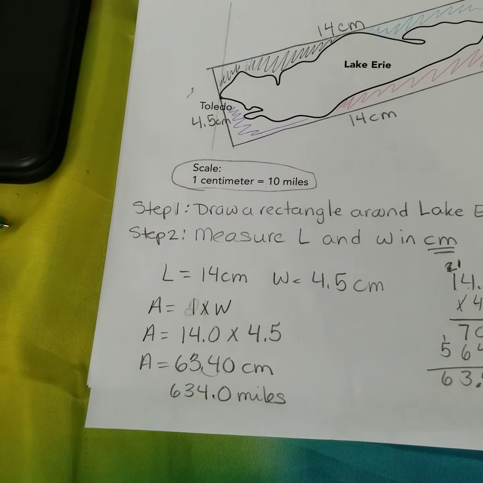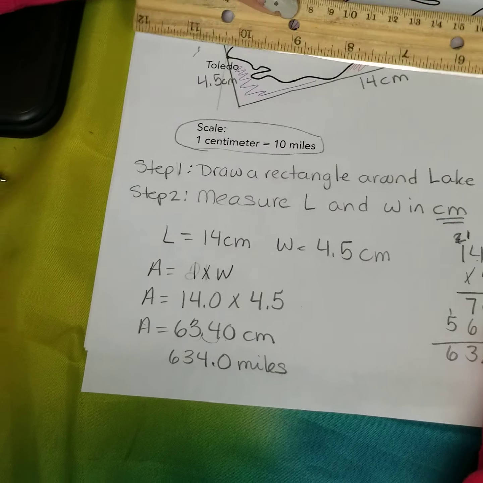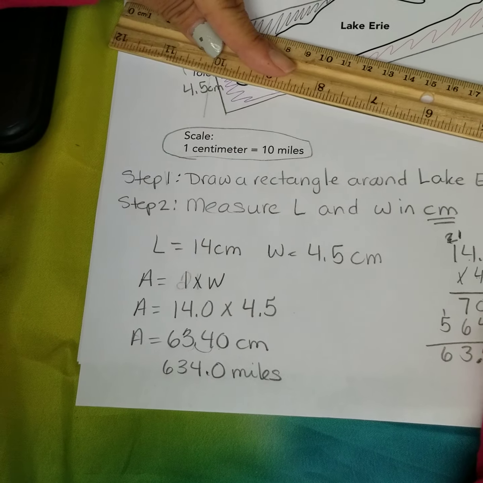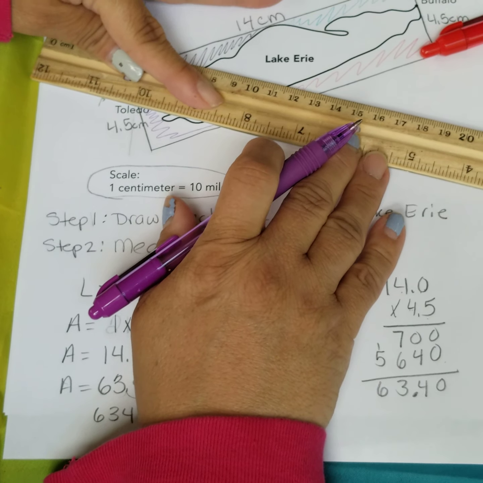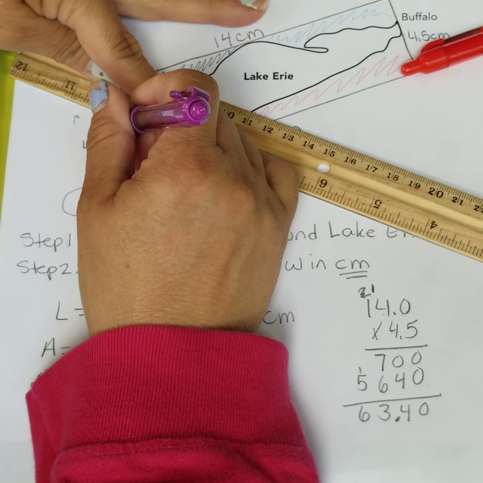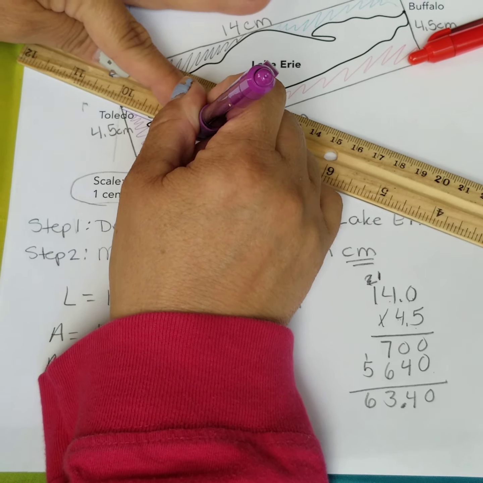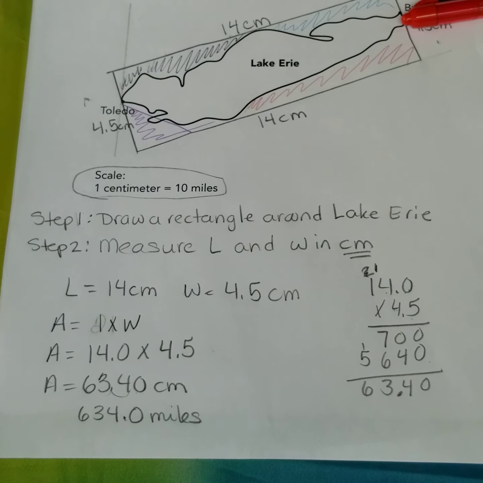We're approximating. So I'm going to make a triangle here as close as I can without kind of, okay. That's about close, right?